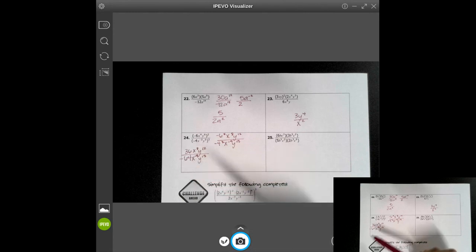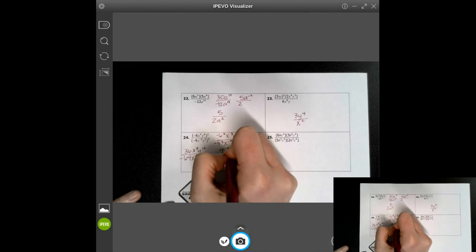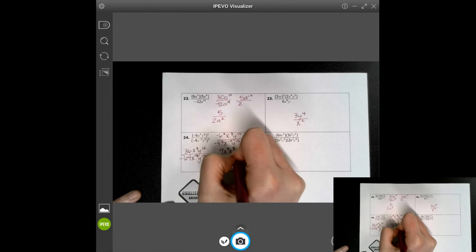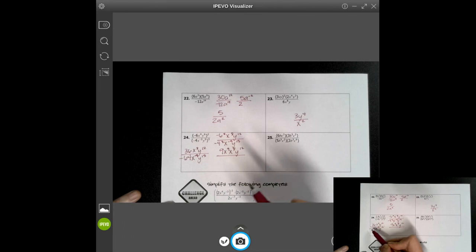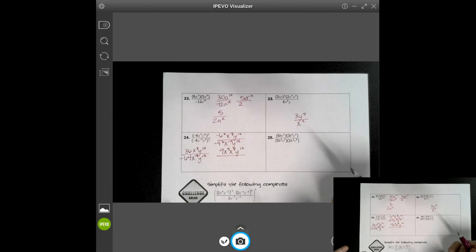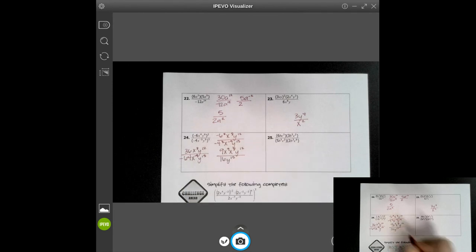It's 4. So this will become 9 x to the 9th, x to the 8th, y to the 12th, over 64 divided by 4 is 16. And I have y to the 15th left.